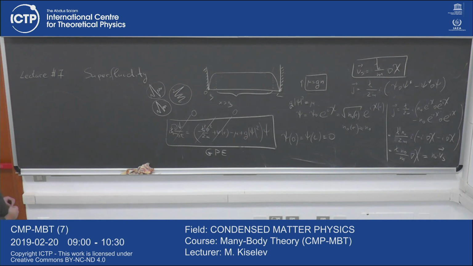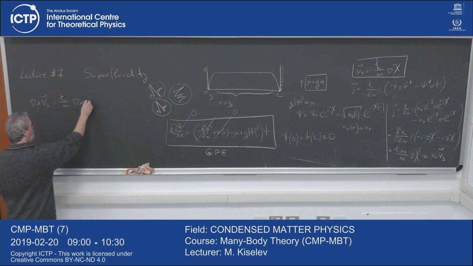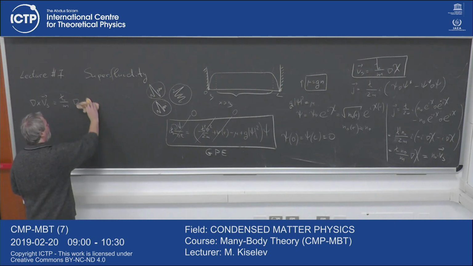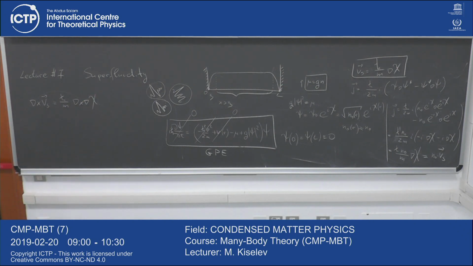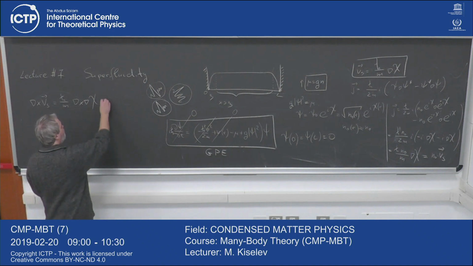So first of all, let me apply the operator nabla vector to Vs. So this will be h bar over m, nabla times nabla times, sorry, nabla times gradient chi, and the vector product is 0, so the curl of the gradient is 0.